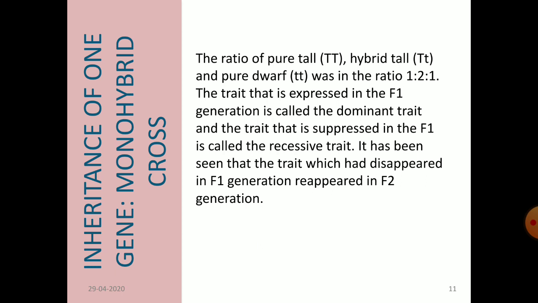So, here two types of ratio are obtained. One is the phenotype ratio, another is the genotype ratio. Phenotype means morphological characters and genotype means genetic constitution. So, the phenotypic ratio of monohybrid cross is 3:1, whereas the genotypic ratio of monohybrid cross is 1:2:1.